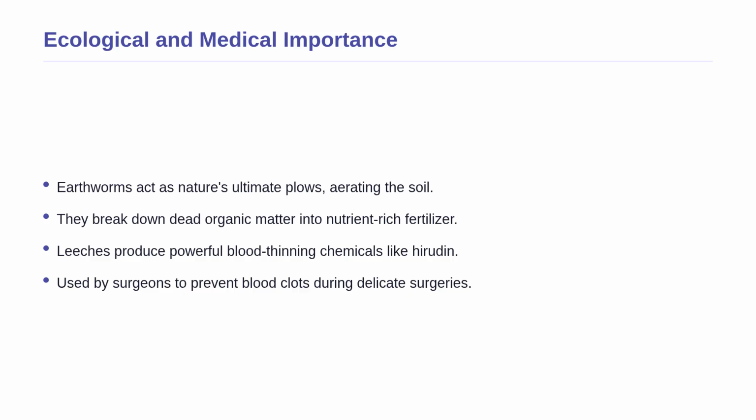Without them, our agricultural soils would become hard, sterile, and unable to support the crops that feed the entire world. In the medical field, leeches, another type of annelid, produce powerful blood-thinning chemicals like hirudin. Surgeons still use these remarkable creatures today to prevent blood clots and promote healing during delicate reattachment surgeries.